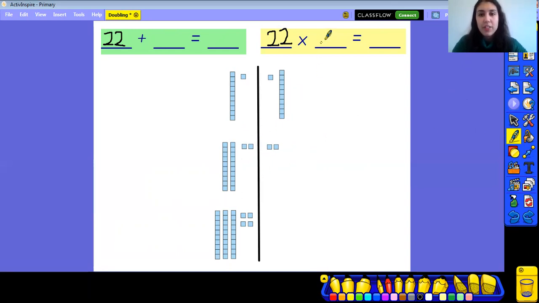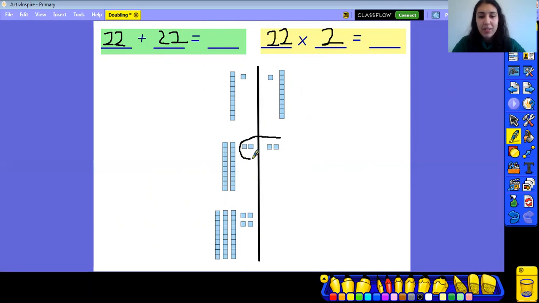Oh, whoopsie daisy, I forgot to fill these in. So remember, when we double, we're timesing by 2. That's right, to show that we've got 2 equal groups. Or my second addend is the same as my first. So 22 add 22, or 22 times 2 is showing us double 22. Now we can partition our number by doubling the 1s first.